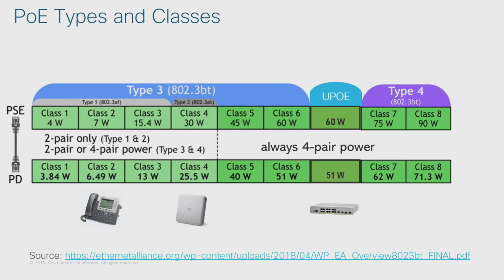And then 802.3bt happened, which introduced 4 new classes for powered devices. And the beauty of 802.3bt is that type 3 actually allows backward compatibility across all devices that are around today. So bt ensures backward compatibility and also allows you to expand the ecosystem with 4 new classes of powered devices.